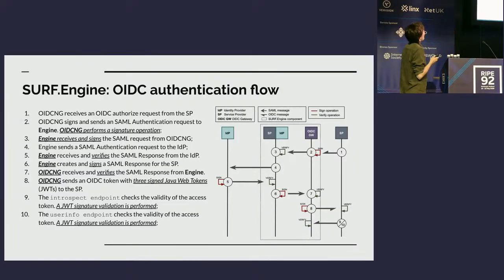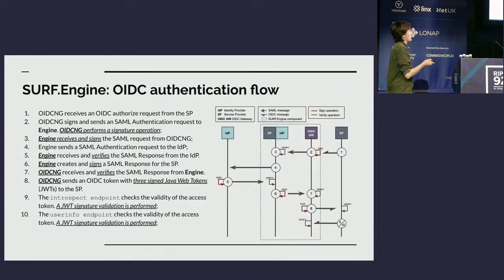And the OpenID Connect authentication flow depends from operator to operator on how it is implemented, but SURF decided to put an OpenID Connect gateway in front of their already existing SAML infrastructure.